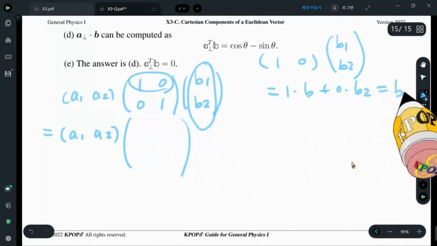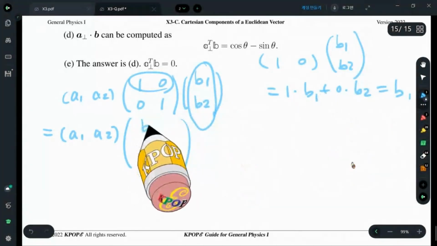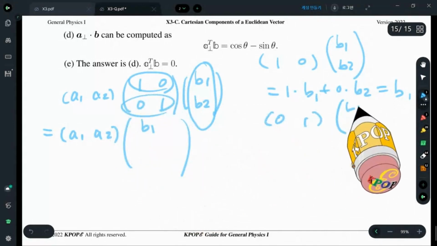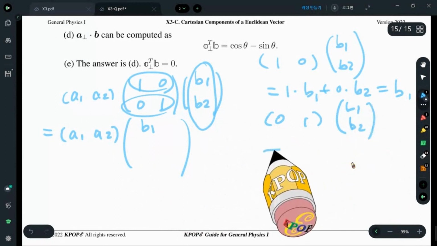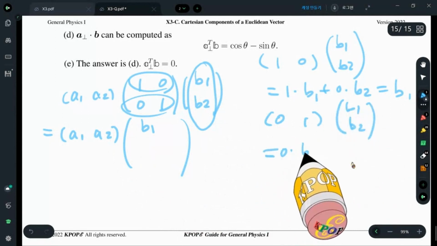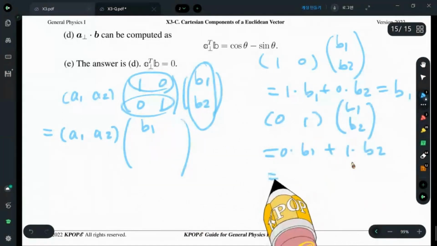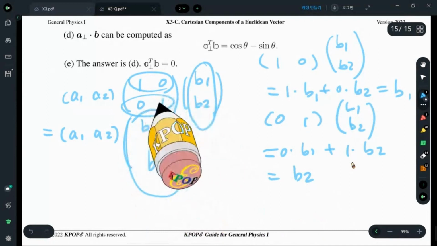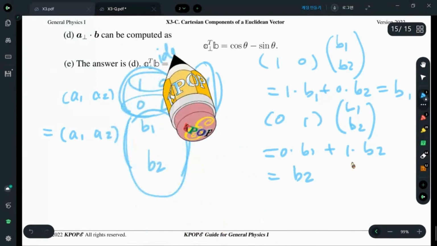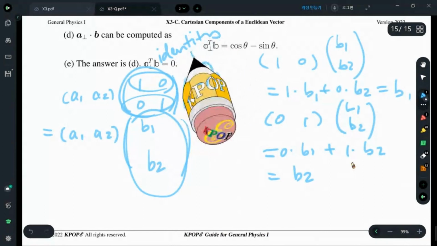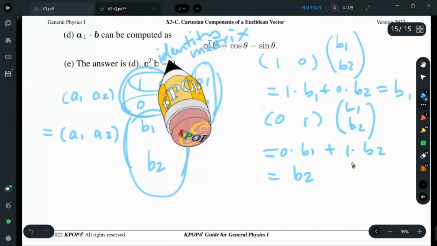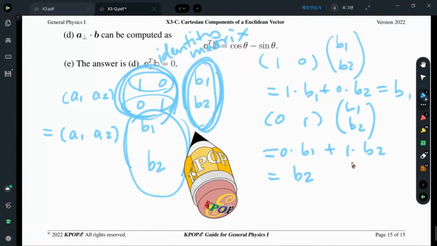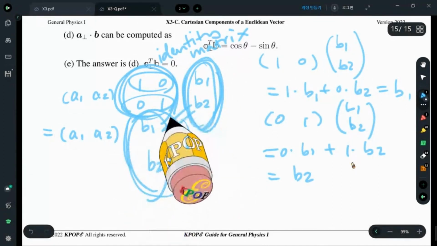Here's a B1, right? So B1. Then 0, 1, B1, B2: 0 times B1 plus 1 times B2, which is B2. That's the reason why we call this one the identity matrix. Multiplication of an identity matrix to any vector is itself. They are the same.